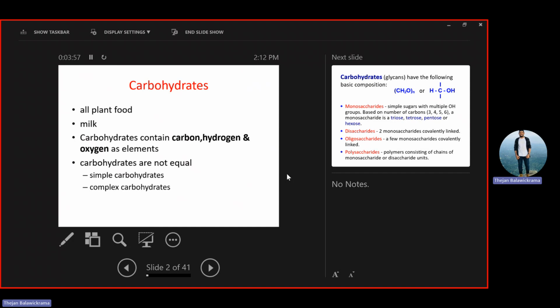Carbohydrates are also the same story. We categorize them into simple carbohydrates and complex carbohydrates. So we'll see what are simple carbohydrates and what are complex carbohydrates.